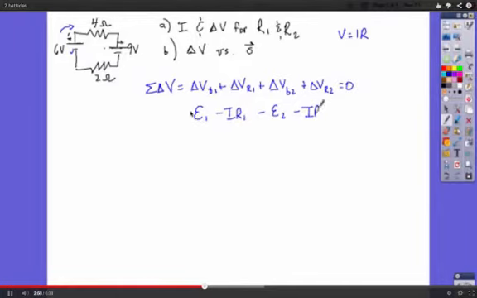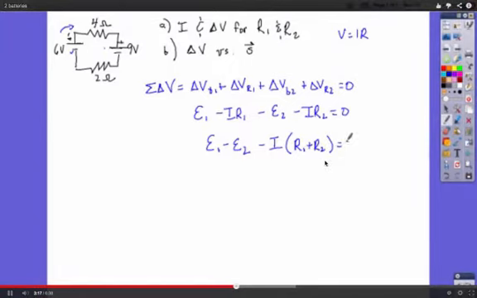So we have the voltage gain from the battery, 6 volts, minus the voltage lost at resistor 1, minus IR1, minus E2, and in this case it's minus E2 because I hooked up this battery backwards. Normally, if this was the positive terminal, it'd be plus E2. And then we have minus IR2, and that all equals 0.